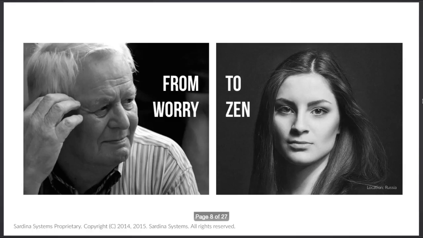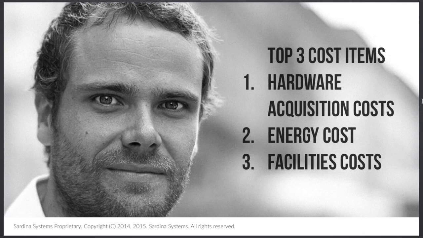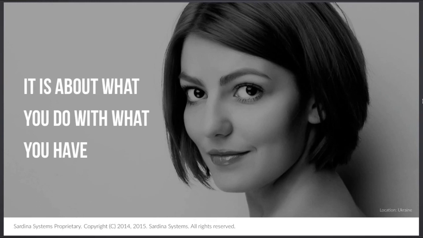Now, we know that the top 3 cost items in data center operations are hardware acquisition cost, energy, and facilities. But ultimately, it's about what you do with what you have.